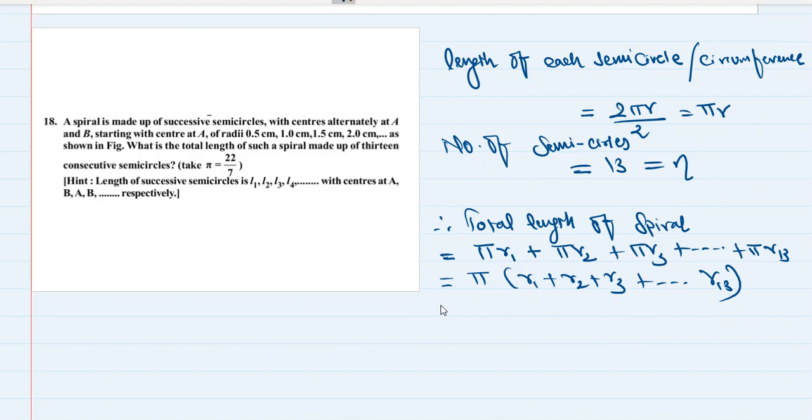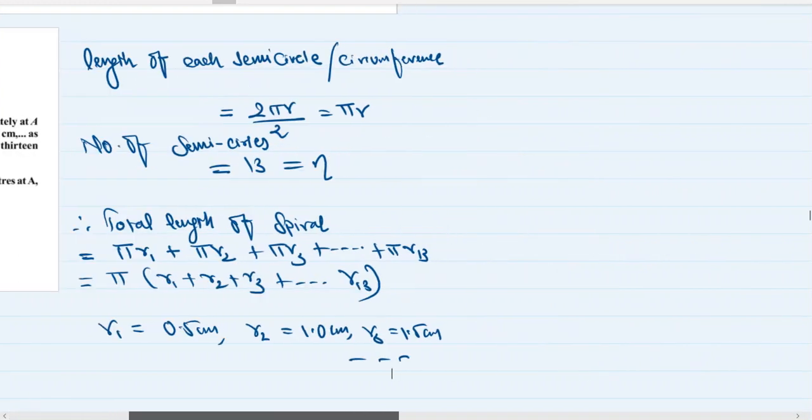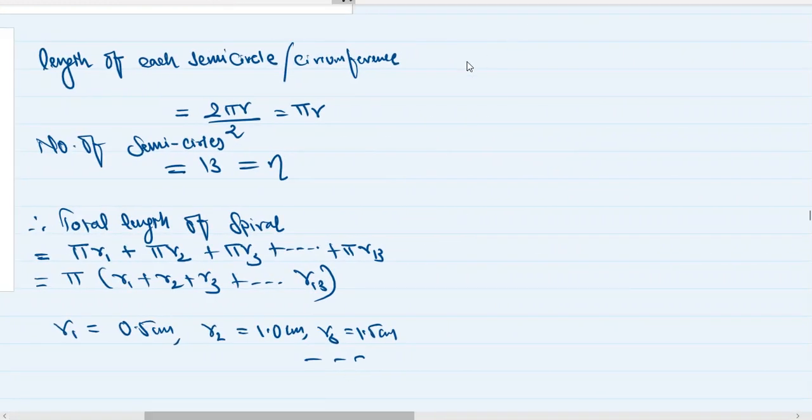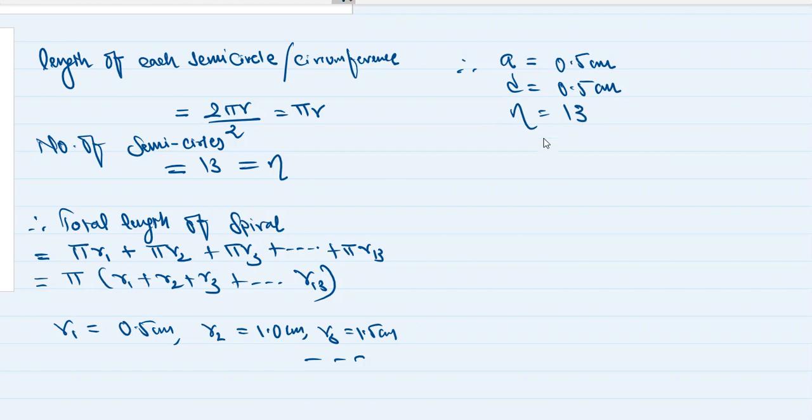That has been given to us. r1 is equal to 0.5 centimeter, r2 is equal to 1 centimeter, r3 is equal to 1.5 centimeter, and so on. So we have got an AP over here. Therefore, the first term is 0.5 centimeter, the common difference is 0.5 centimeter, the number of terms is 13, and we have to find the sum of n terms, that is r1 plus r2 plus r3 up to r13.